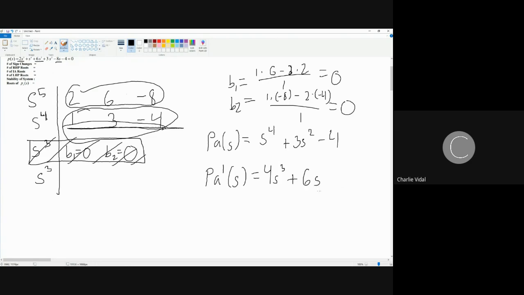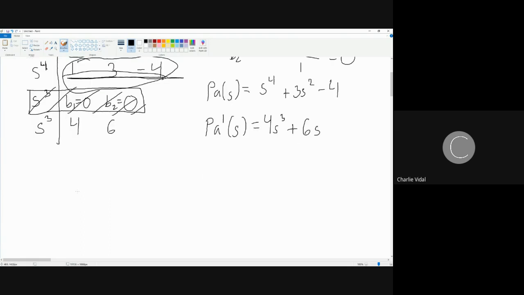Okay. After you do that, we can fill these numbers into the s cubed row. So this is the 4 and 6. So B1 is equal to 4 and B2 is equal to 6.